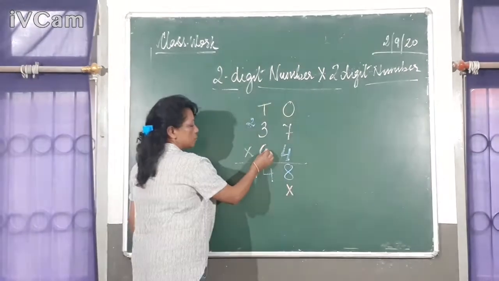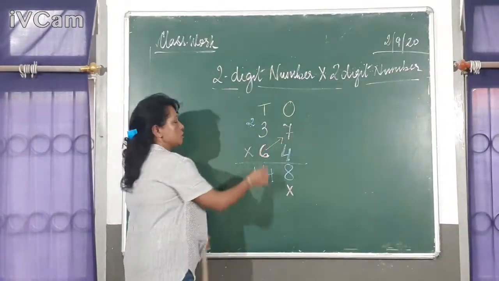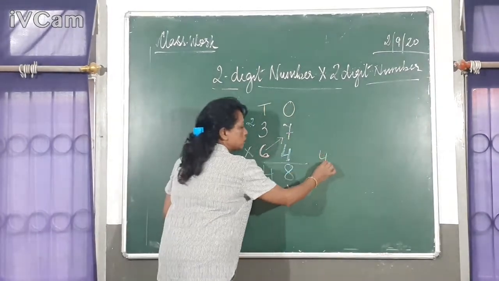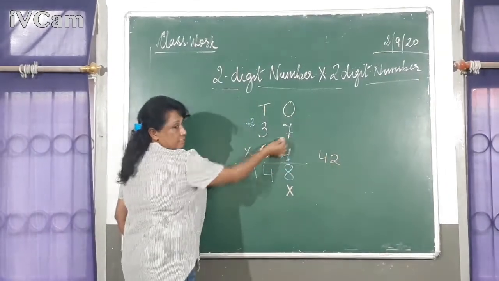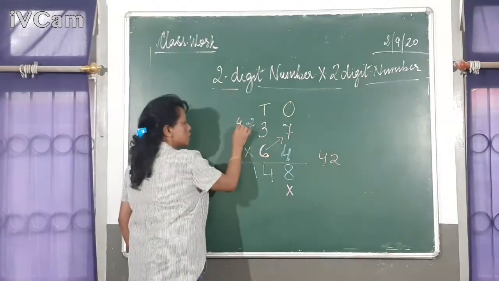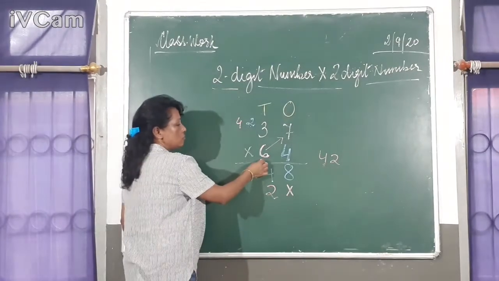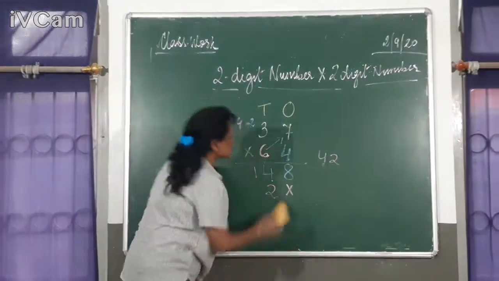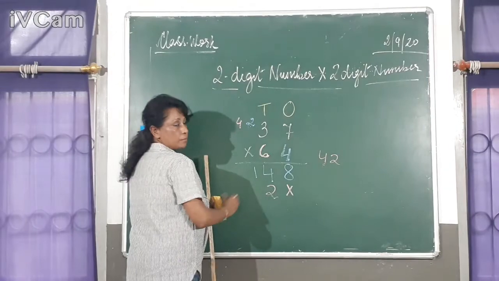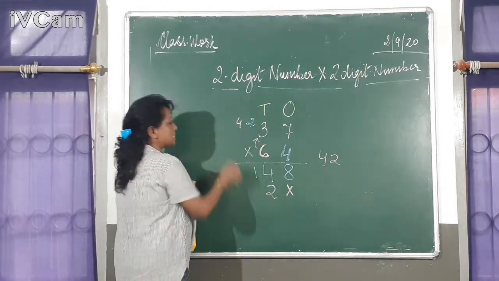Now multiply 6 again with 7. The top number remains the same. 6 sevens are 42, or 7 sixes is also the same thing. So 42. Now we finished with this 6 and 7. Now we multiply 6 and 3. 6 threes are 18.